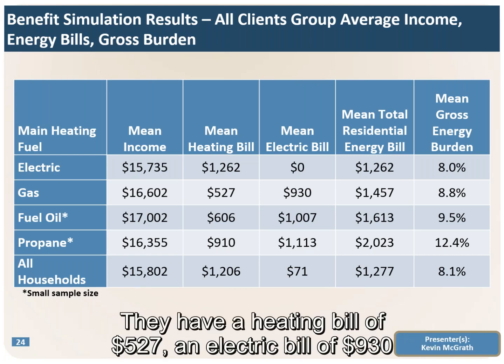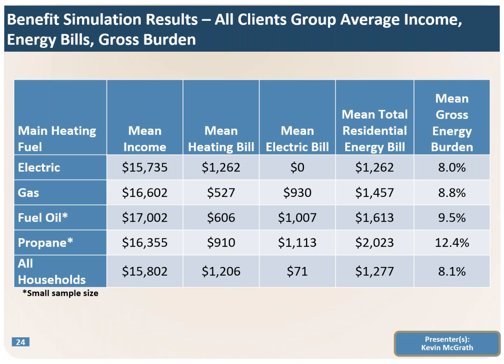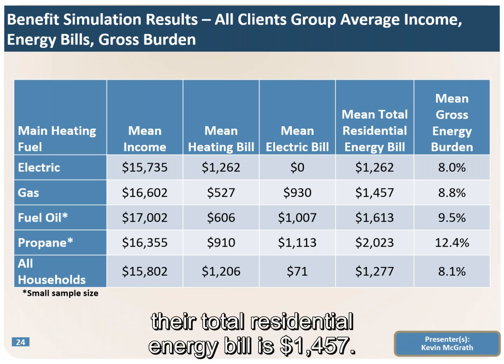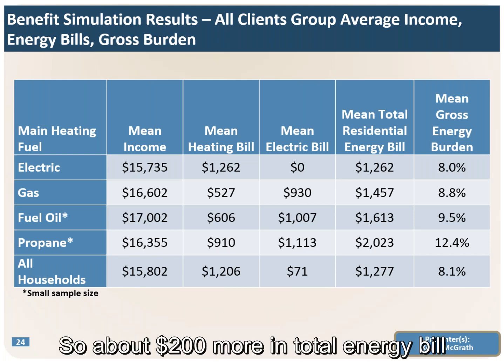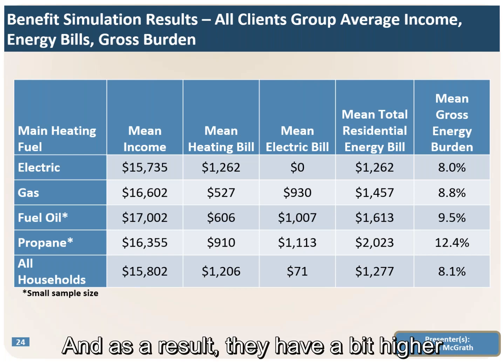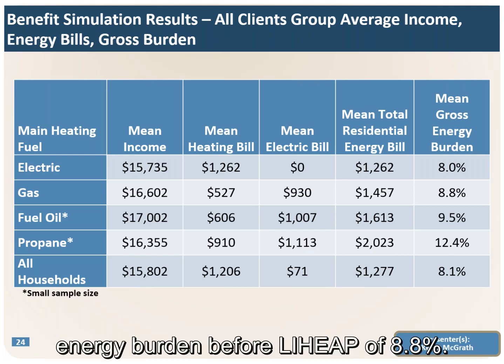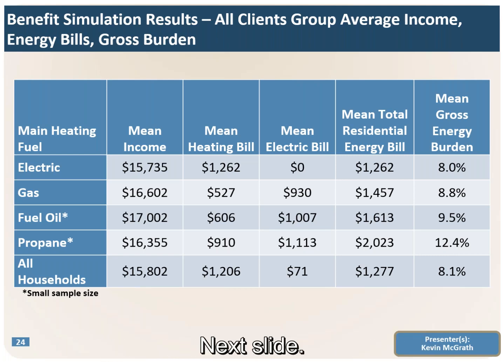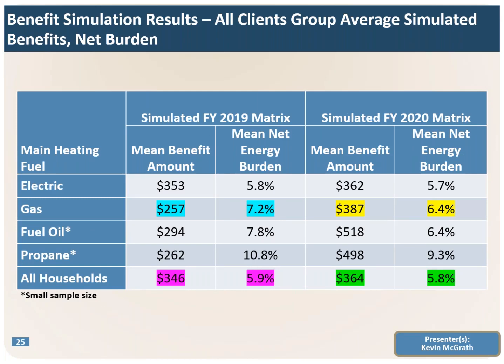They have a heating bill of $527, an electric bill of $930. And if you add those 2 together, their total residential energy bill is $1,457. So about $200 more in total energy bill than the electric main heat households. And as a result, they have a bit higher energy burden before LIHEAP of 8.8%. Next slide.